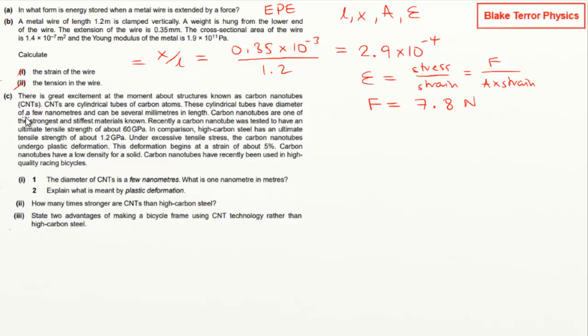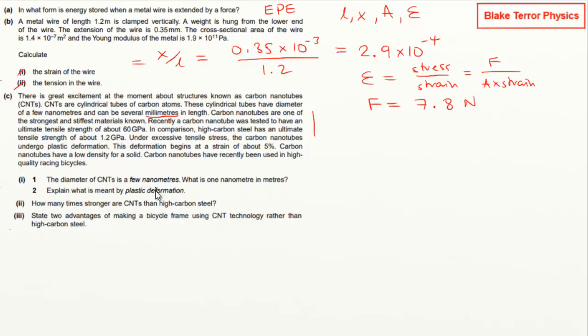Right, part C. There's great excitement at the moment about structures known as carbon nanotubes. Excellent. They're cylindrical tubes of carbon atoms. These cylindrical tubes have diameter of a few nanometers and can be several millimeters in length. Right, so they are very long, or at least in one dimension compared to the other. Several millimeters isn't long, but compared to nanometers wide, it certainly is. Carbon nanotubes are one of the strongest and stiffest materials known.